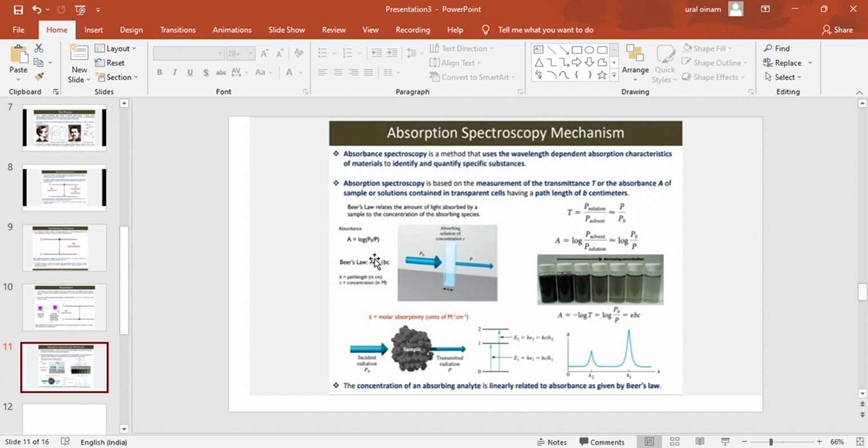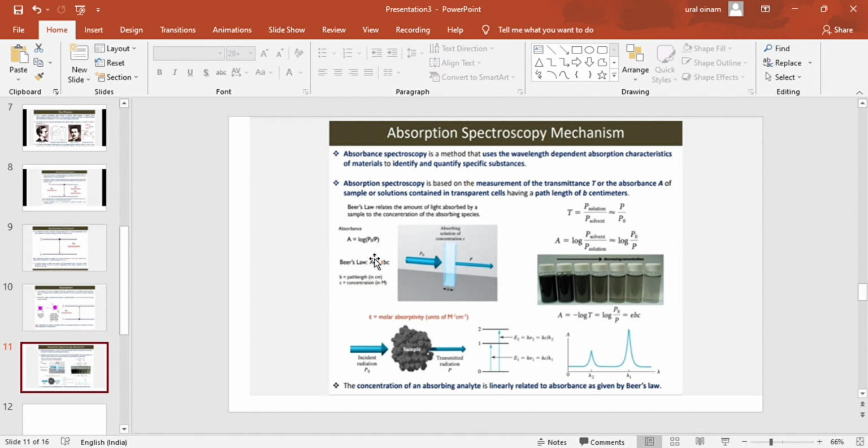And absorption spectroscopy is a method that uses the wavelength dependent absorption characteristic of a material to identify and quantify specific substances. So according to Beer's law, the absorbance, represented by A, is equal to log of P naught by P.